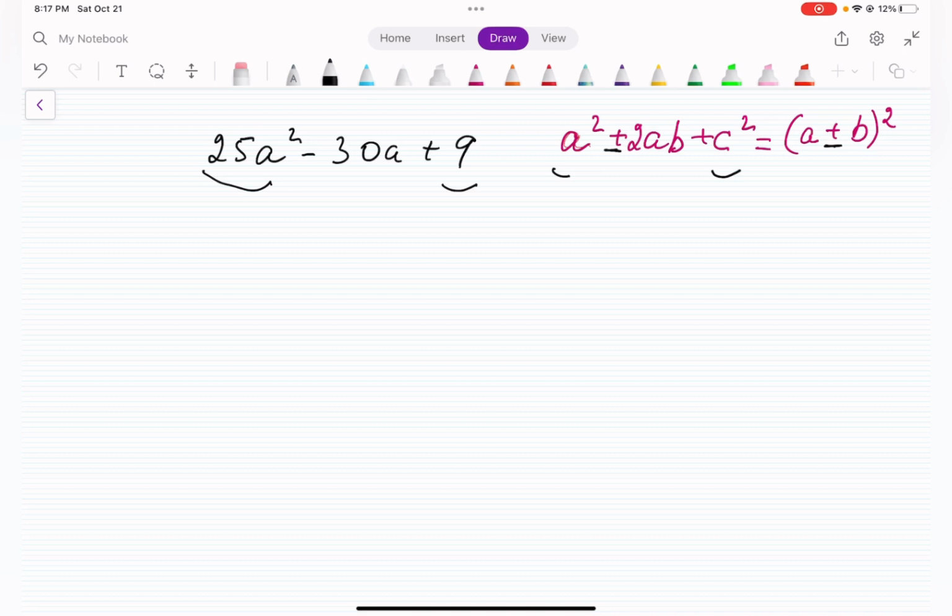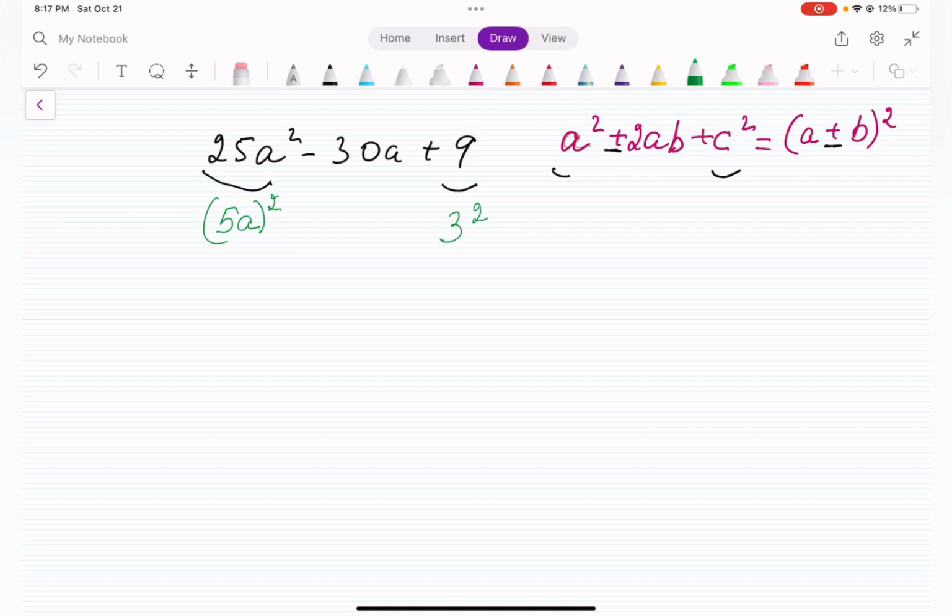So can we represent it in the format a squared? It's going to be (5a) to power 2, right? 25a squared. Let me change the color so it would be better seen. Okay, (5a) squared. Now second one, b squared, it's going to be 3 to power 2, correct?